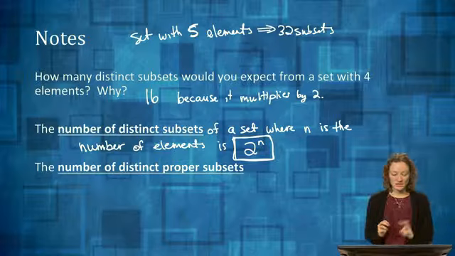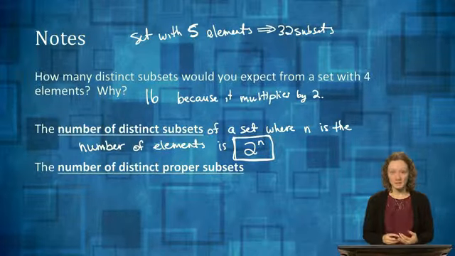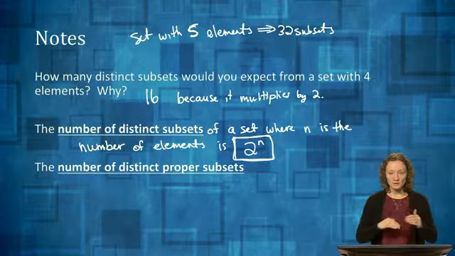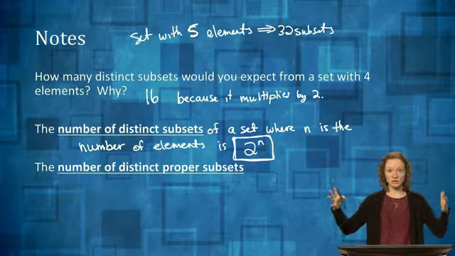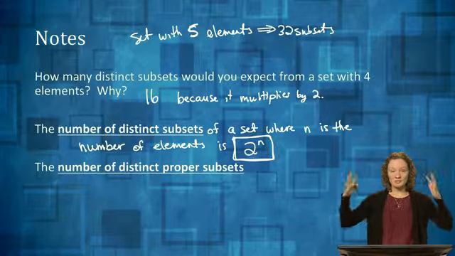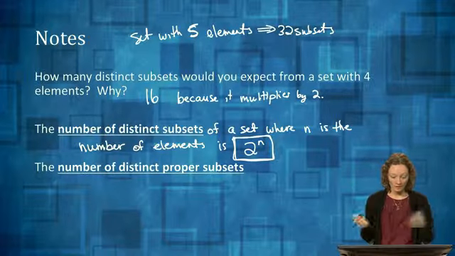Okay, so that's one. The other formula that we're going to come up with is for the number of distinct proper subsets. Remember, the only difference between subset and proper subset: a subset can be any grouping, including all items. A proper subset can be any of those groupings except the one that is all items.